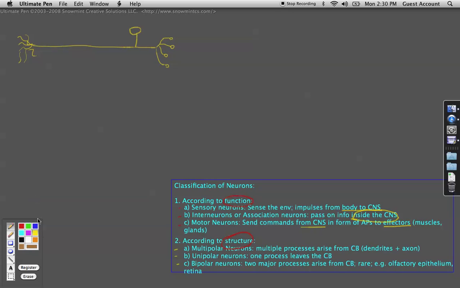So what I'm going to do now is indicate where the CNS is located. Let me do that with white. Here the axonal terminals are located inside of the CNS. Let's make all of this the CNS right here.